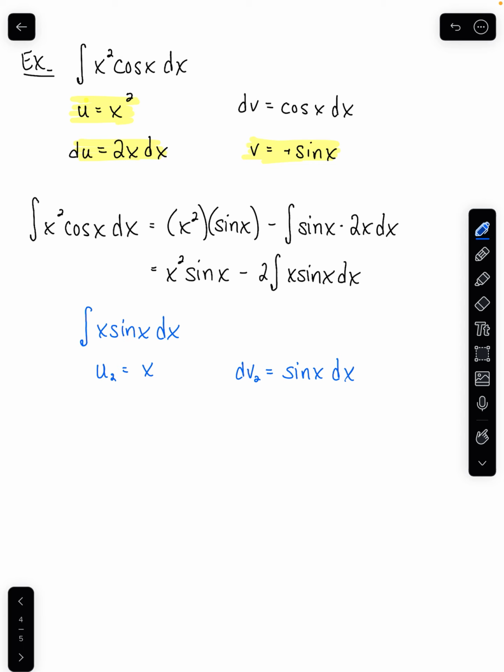You don't want to be using the variable u for two different things in the same problem. The same thing with v. You don't want to be using the same variable for multiple different things. So that's why the subscript. So du sub 2 is going to be now dx, and v sub 2 is going to be the antiderivative of sine of x, which is negative cosine of x.